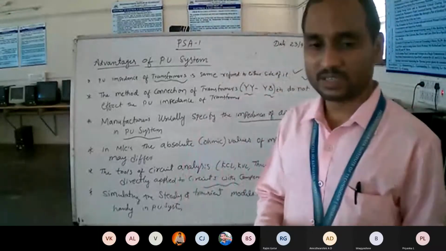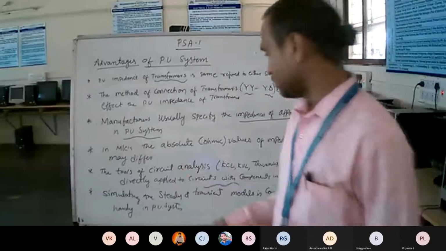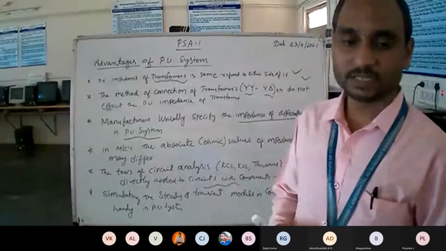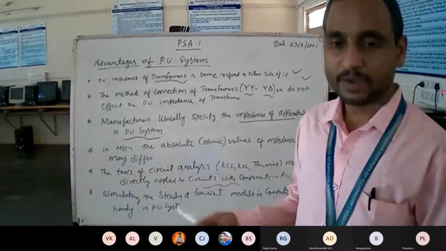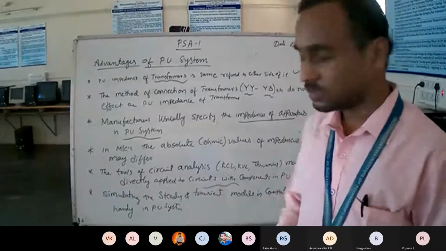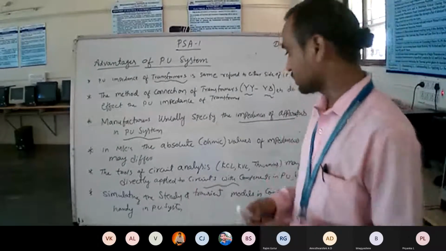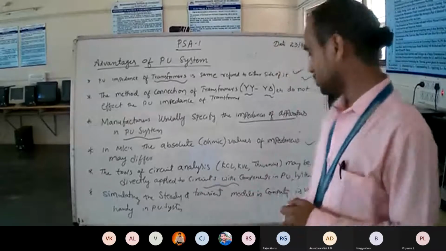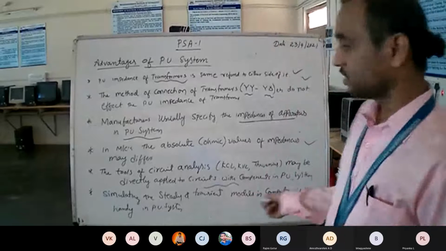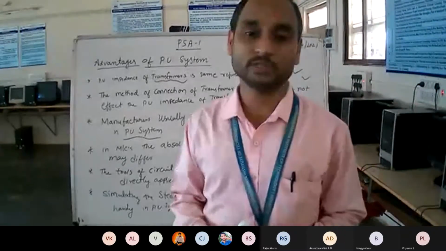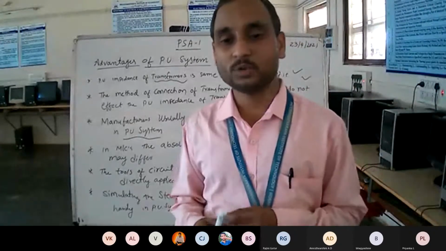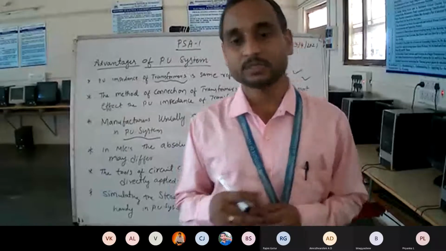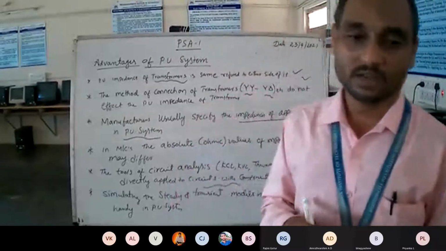As in previous subjects, you have studied network analysis, steady state analysis and transient analysis. It will be repeated in control systems and also in this subject. While doing this, the computer finds the per unit system easy to handle. Instead of absolute values, it is much easier for the computer to handle the per unit system in simulation.